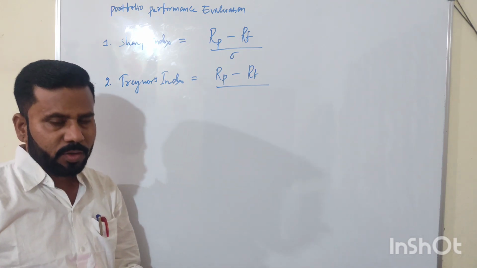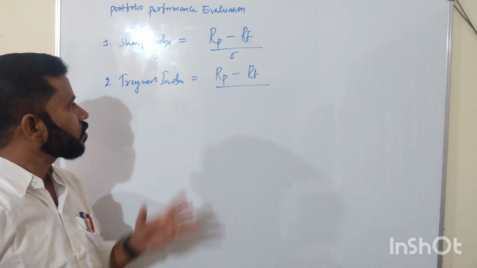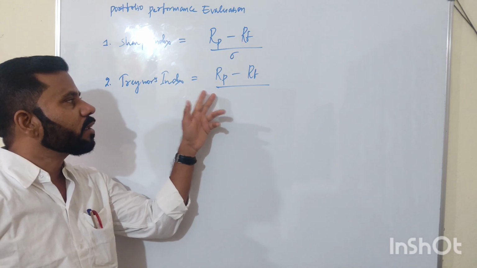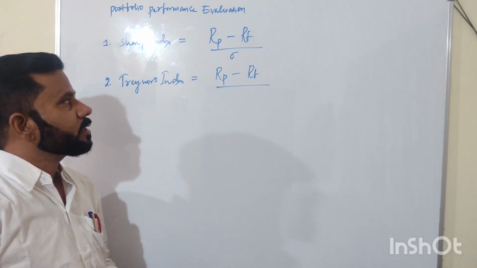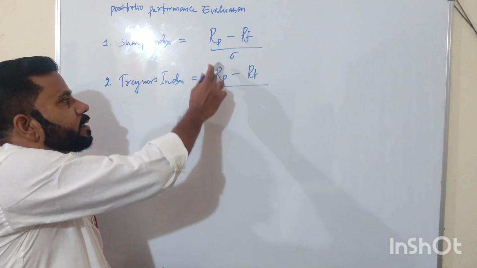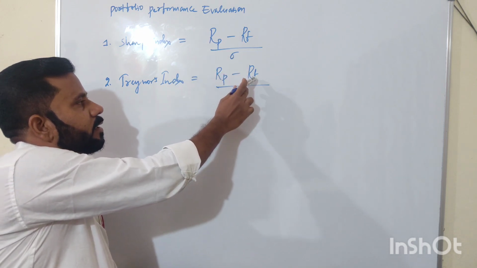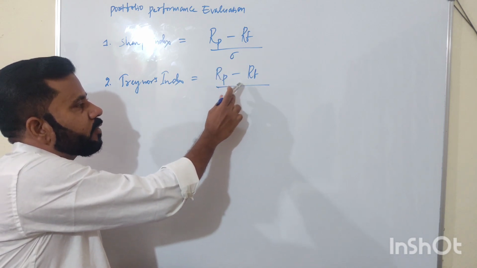In order to solve the Treynor's index or Treynor's ratio, what are the informations we need? Yes, portfolio return we need, risk-free rate we need, Rp minus Rf divided by.